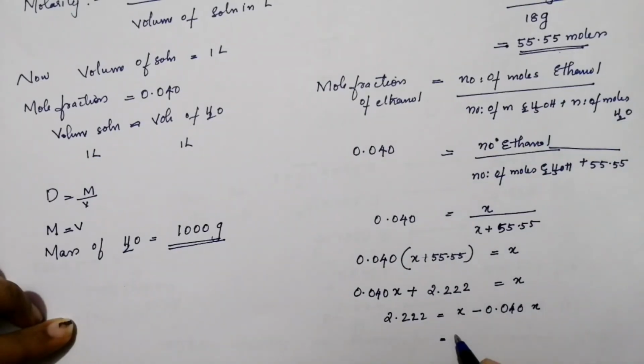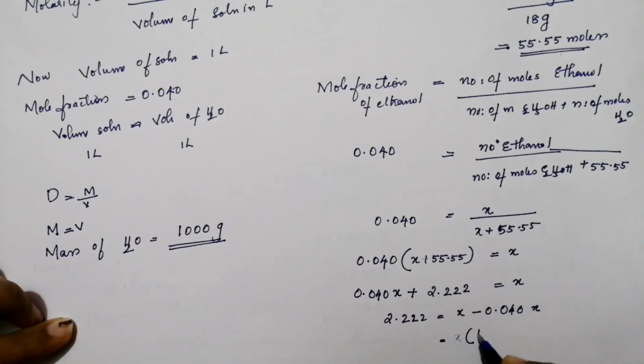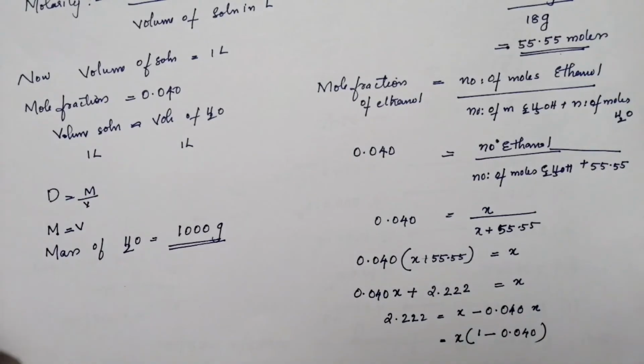If I take the common X out, I can write it as 1 minus 0.040. So we can write this as X into 1 minus 0.040, which is 0.96.